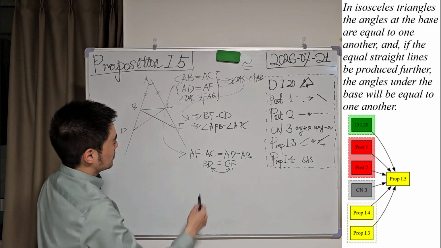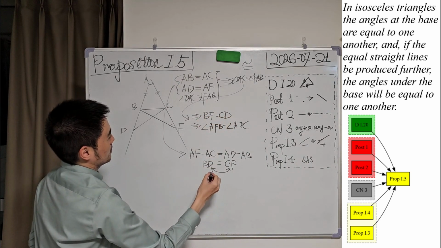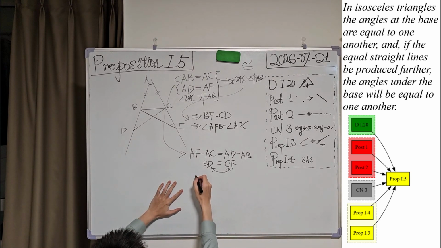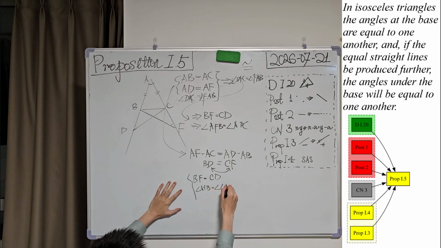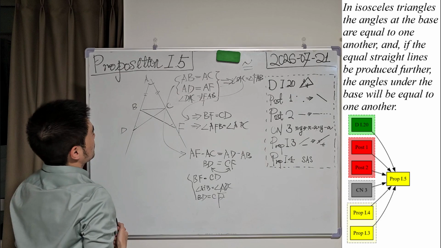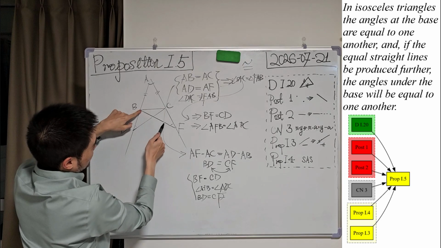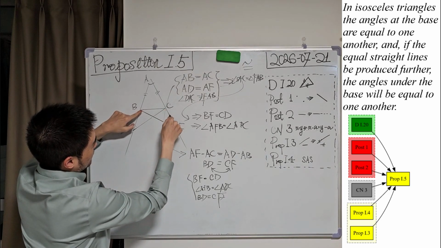And let's just combine these three conditions together. So BF equals CD, angle AFB equals angle ADC, and BD equals CF. Then we know that this is still a side-angle-side relationship.